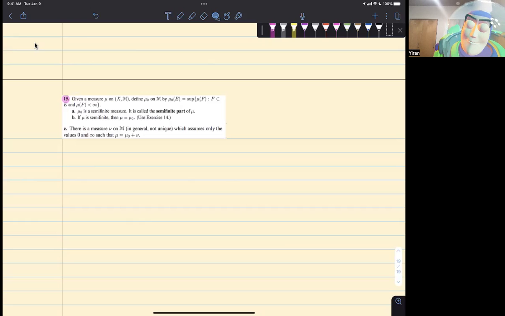Okay, we obtained equality. And to show the second one, to show the semi-finite, it is immediate.